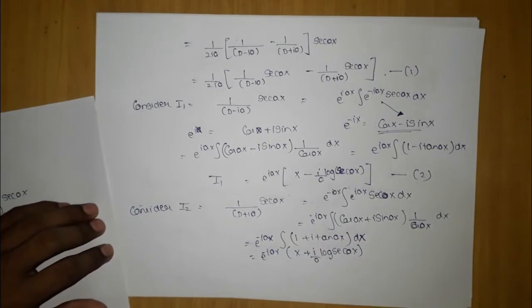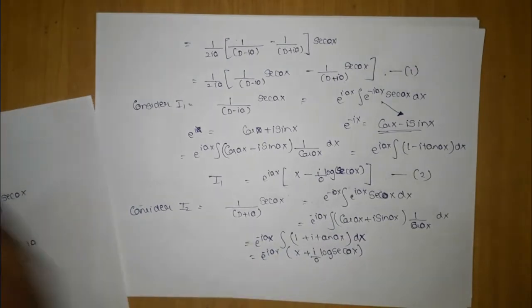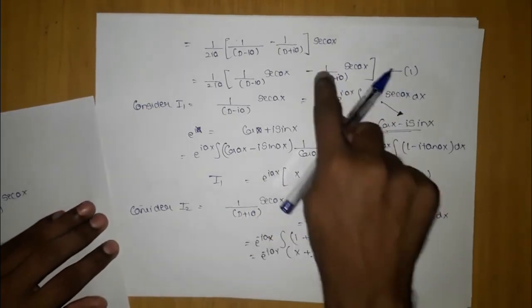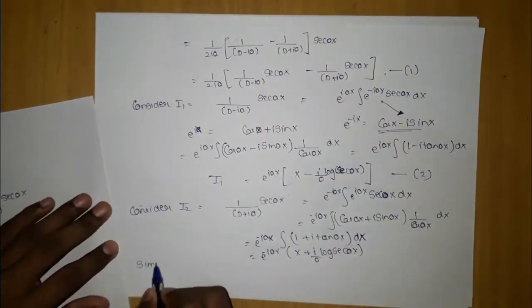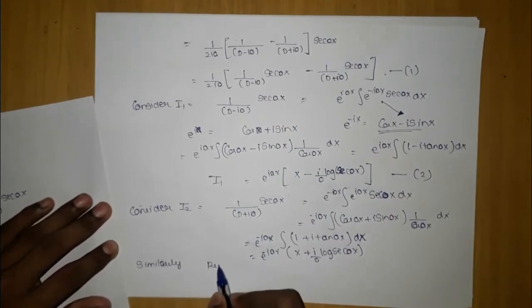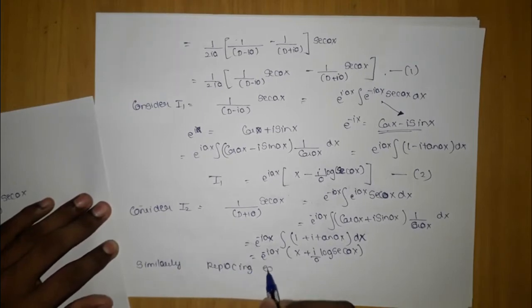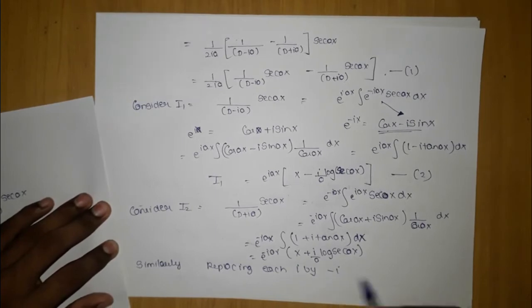Now the shortcut is that instead of doing all this stuff, whenever a similar thing appears like this, you are just going to write it similarly, replacing each i by minus i.